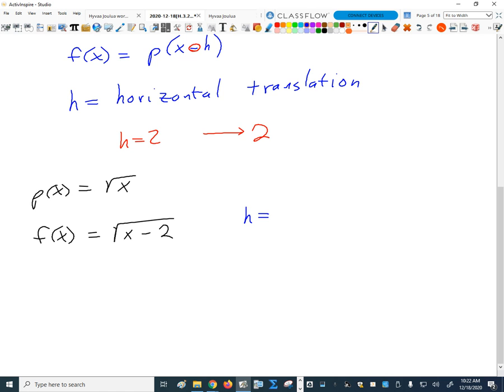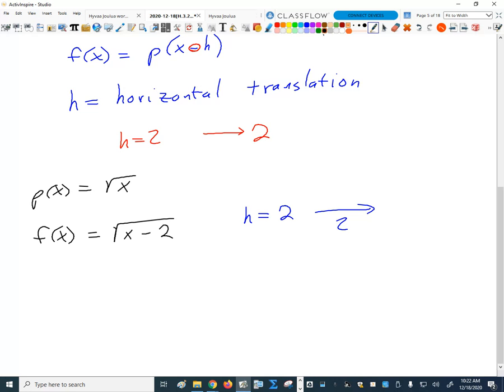What value of h is that if my parent graph is the square root of x, but f of x is the square root of x minus 2? What's the value of h, my horizontal shift? It's positive 2, right? Because 2 is the value that's being subtracted from x. So h is positive 2. That means we're going to the right by 2.